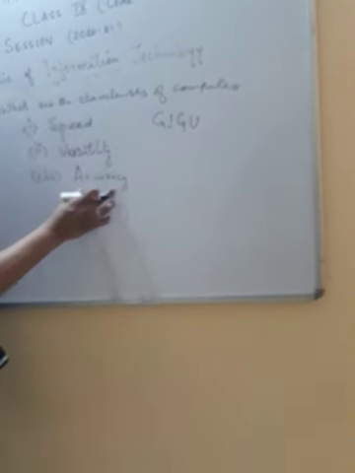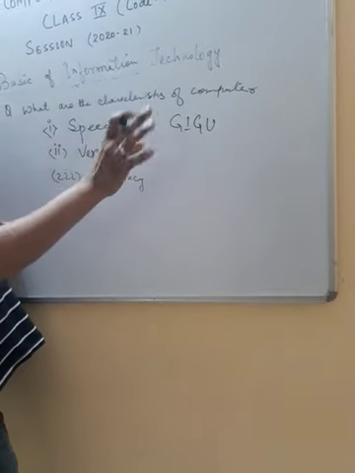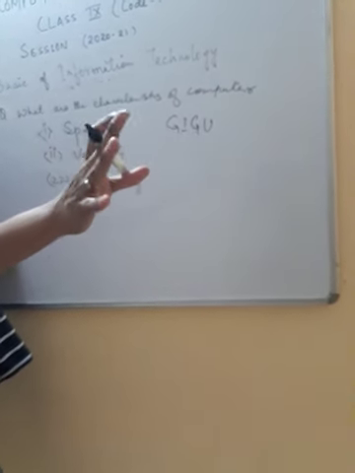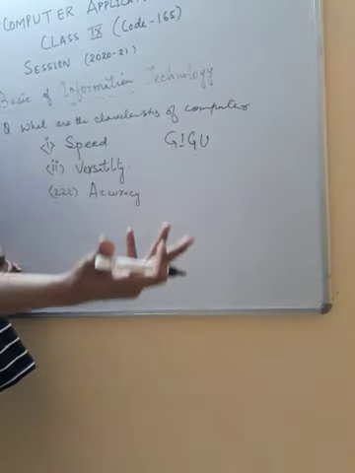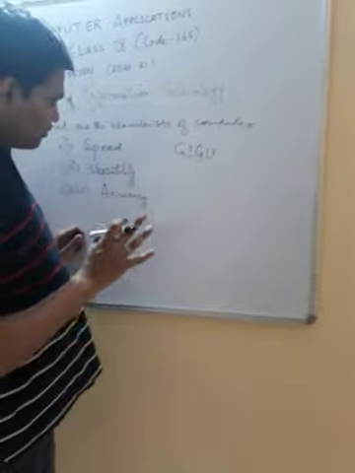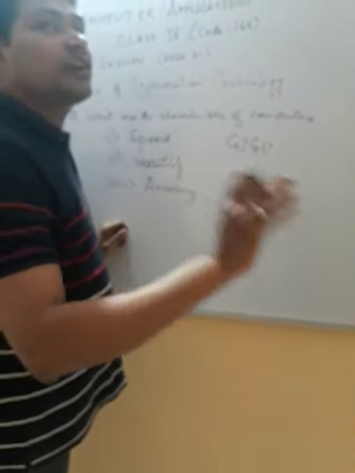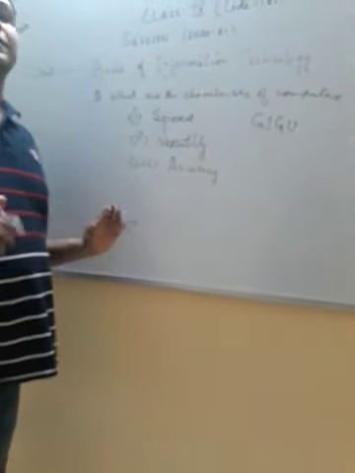So you can say that the accuracy of the computer is 100%. It never commits any type of mistake. If it commits any mistake, it is a mistake of the user, not the computer. During the processing of a computer, there is no chance of error. I hope it is clear.